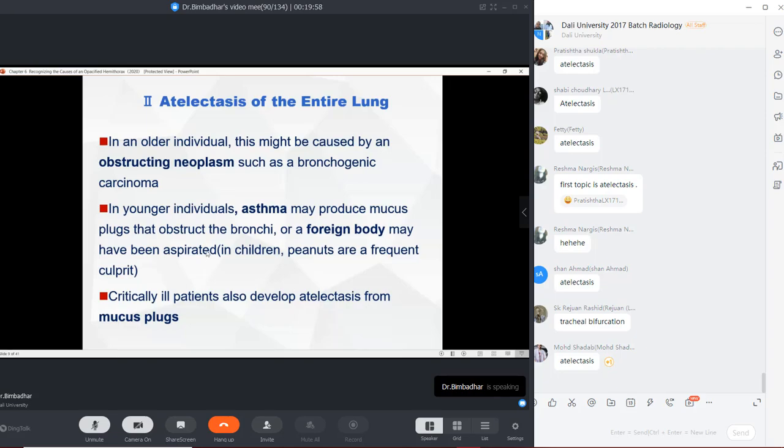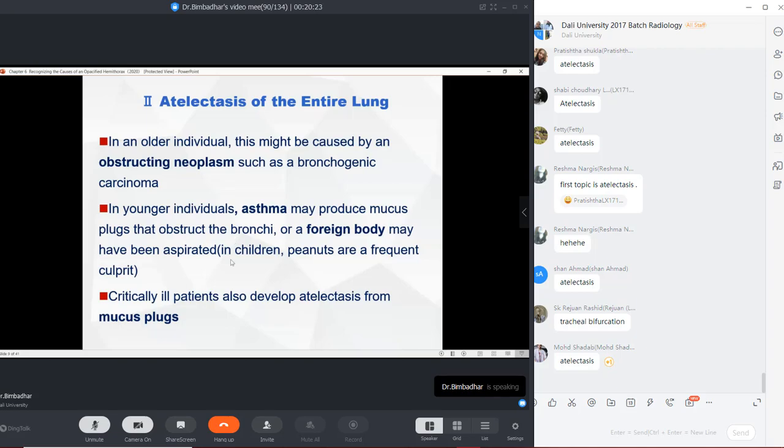And one of the most important causes is asthma, okay? Asthma, which actually happens because of the mucus plug. So mucus obstruction, not mucoid. Mucoid obstruction refers to fungal problems. Okay, this is mucus obstruction, right?